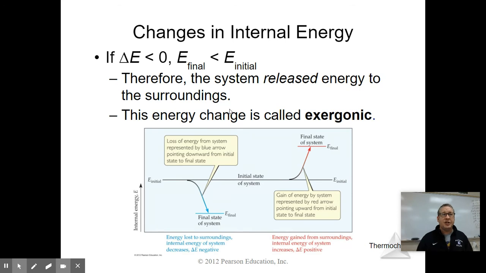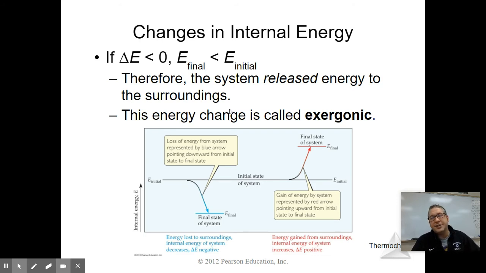System absorbed energy. If we have the exact opposite situation occurring, where we have the final energy of the system is going to be less than the initial, what this means is the system released energy to the surroundings. Okay.